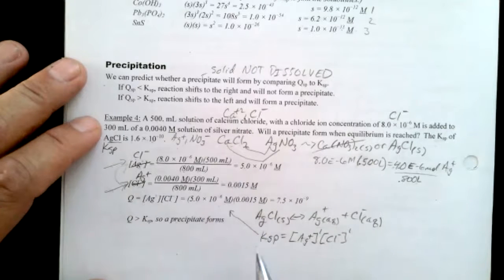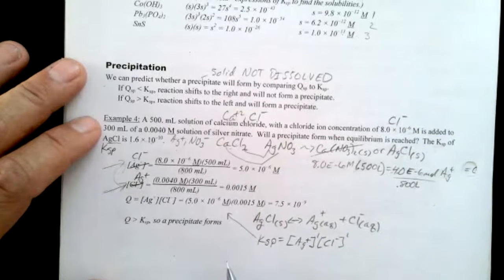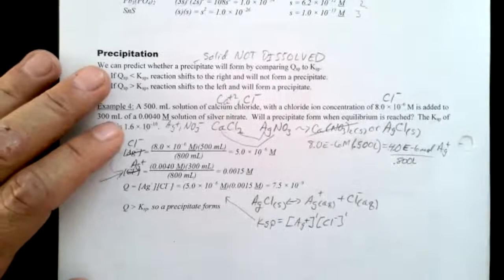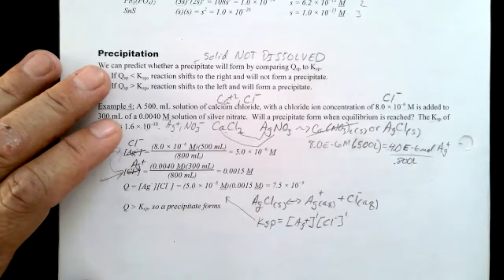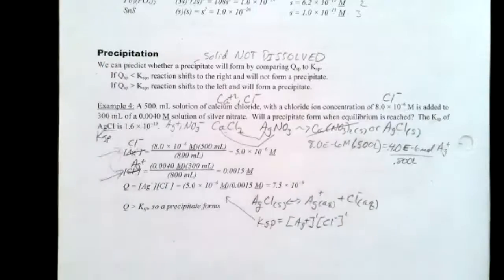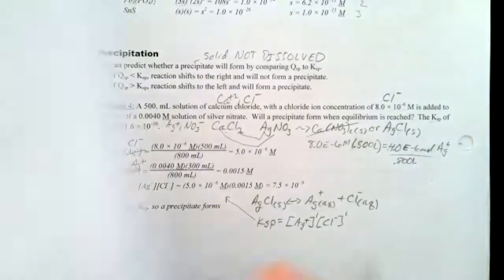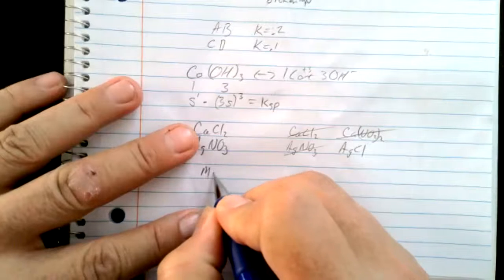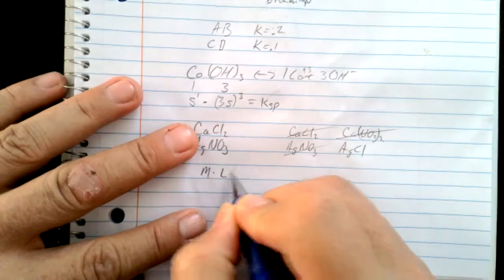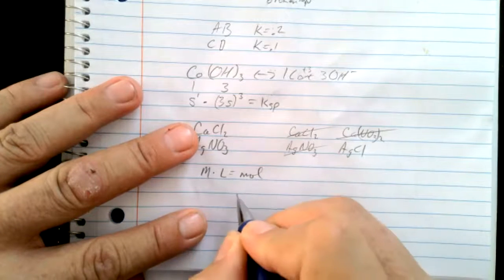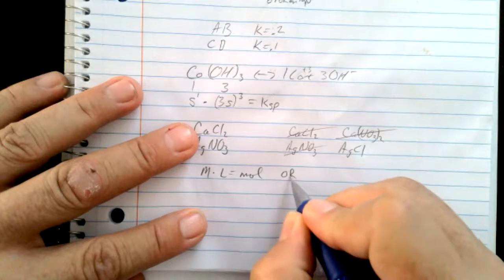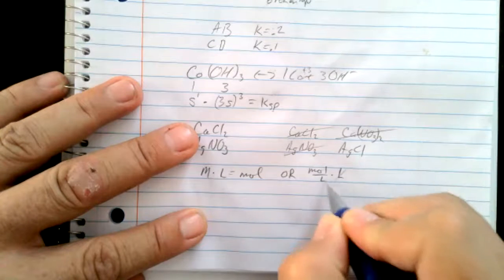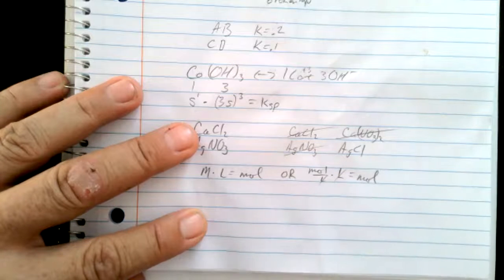So what we need to do, though, is find the new molarities once they are added together. In another move that comes up all the time, molarity times liters equals moles, or moles per liter times liters cancels out the liters and gives you moles.